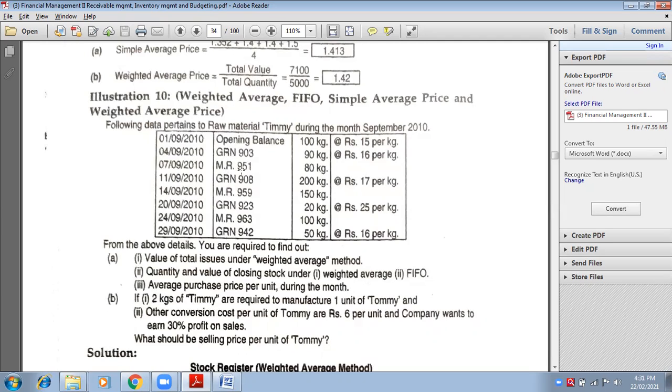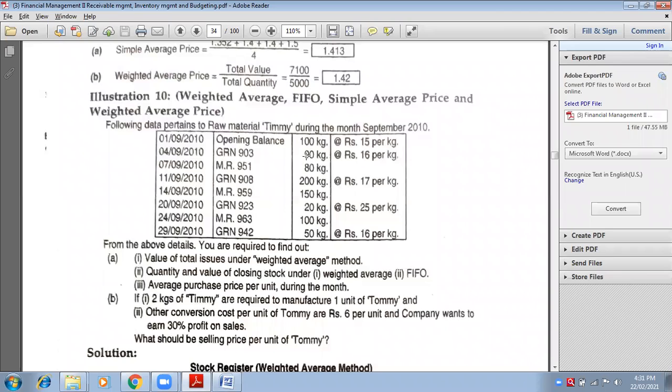Are you getting my point? Yes, ma'am. So GRN is receipt and MR is issued.